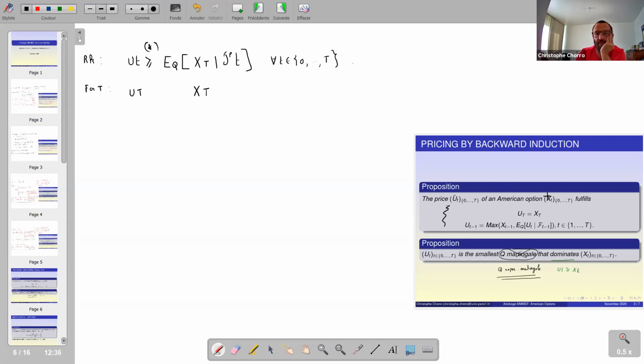And in this case, by definition of U, I know that I have equality, okay? So my relation star is okay for capital T. So now suppose it for t and prove it for t minus 1. Okay, so we do a backward induction here in order to prove this quantity. I start from the end and I prove that if I have it at the date, I will have it at the date before. So if I have it for T, I have exactly what I want here.